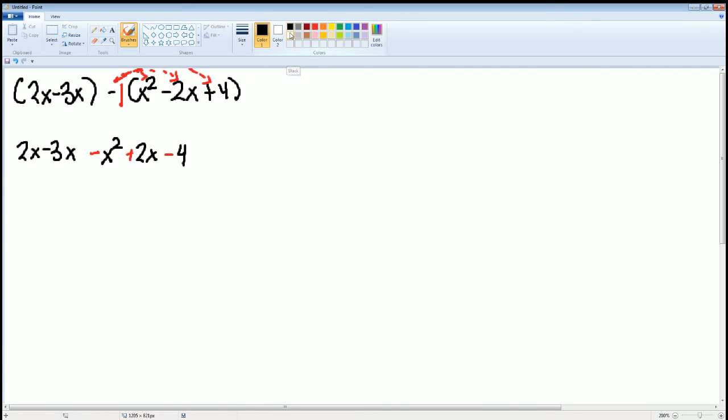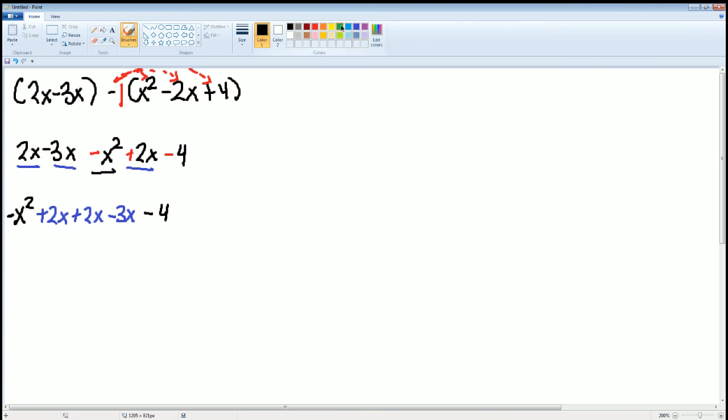So here we just have our x squared, our negative x squared. And then we have these two terms. So you have the 2x. Oh, there's also plus 2x here. Plus 2x minus 3x. Do you see how these all go together? And nothing happens with that -4. So these two combine. So how should that look?